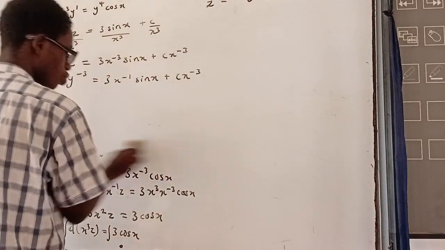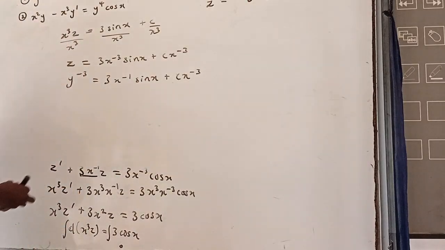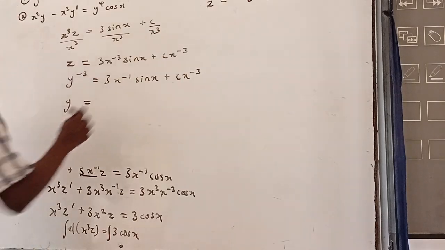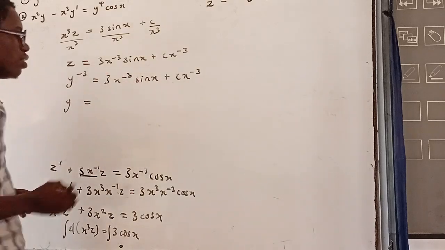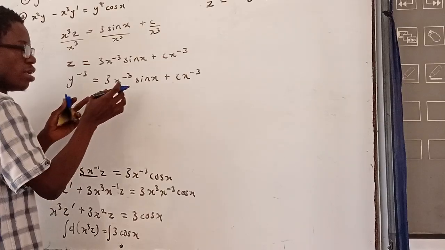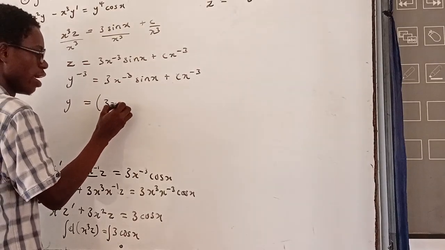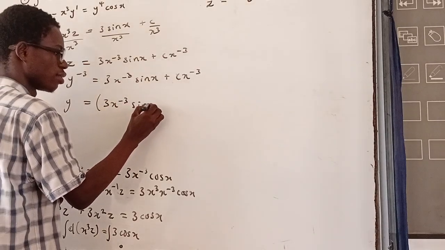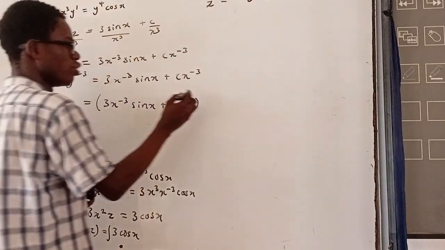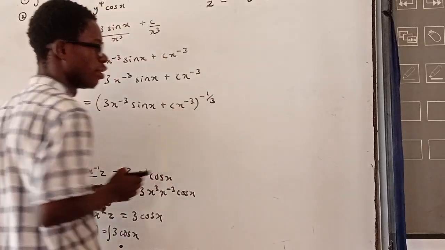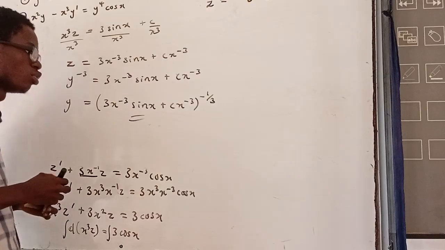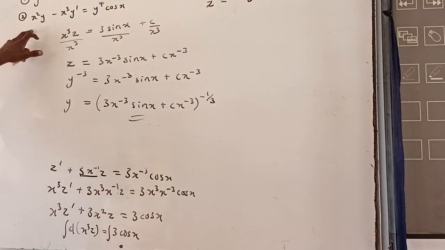So we take minus 3 to the other side, and it becomes y equals, we bracket everything, 3x minus 3 sine x plus cx minus 3, raised to power minus 1 over 3. And that's the final solution to the second Bernoulli equation.